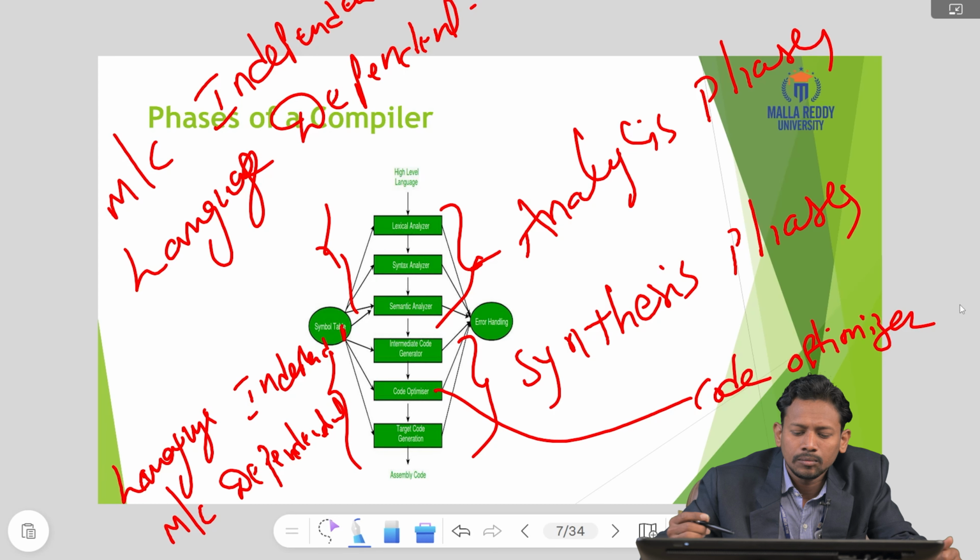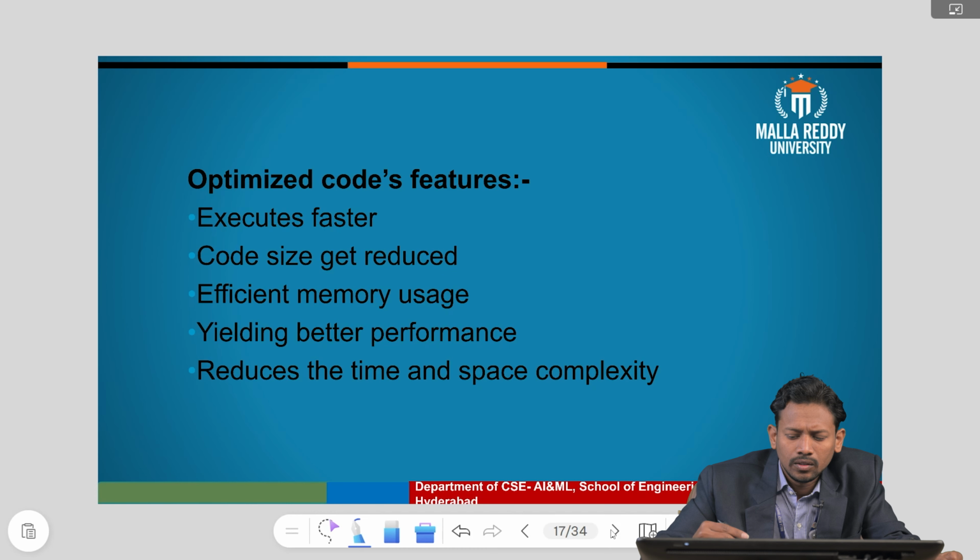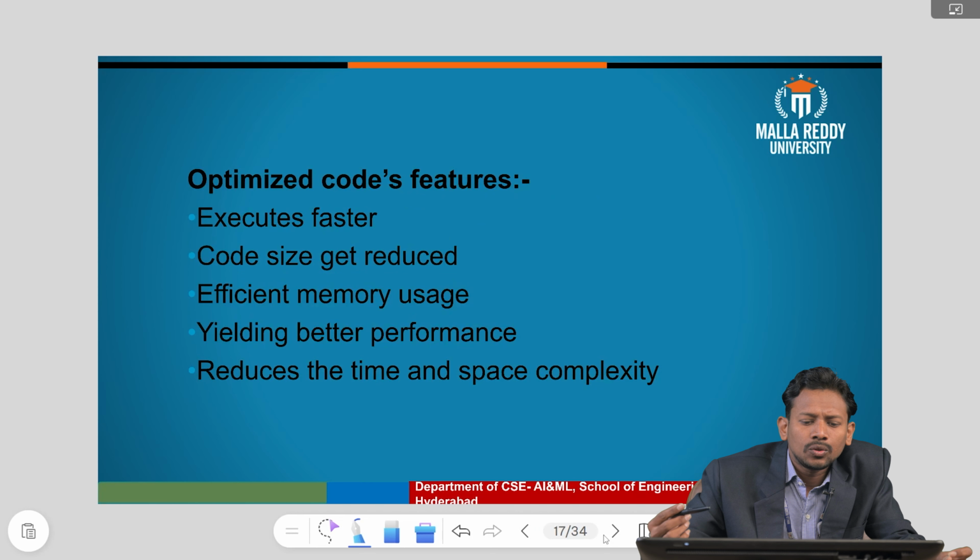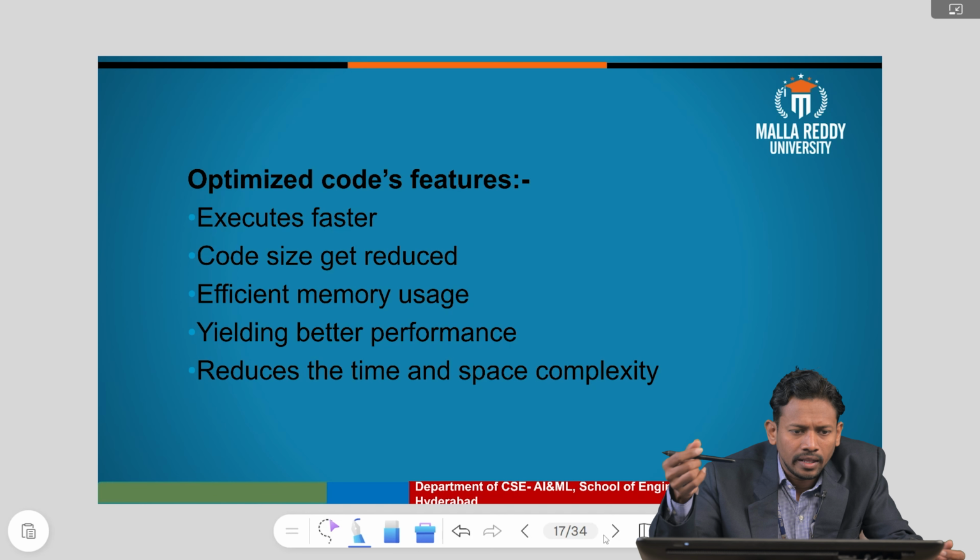Today we will discuss more on the code optimization phase. So what is the purpose of code optimization? Why are we going for the optimization phase? To execute faster, so that the code size can be reduced, with efficient usage of memory, to get better performance of the machine and reduce the time and space complexities.